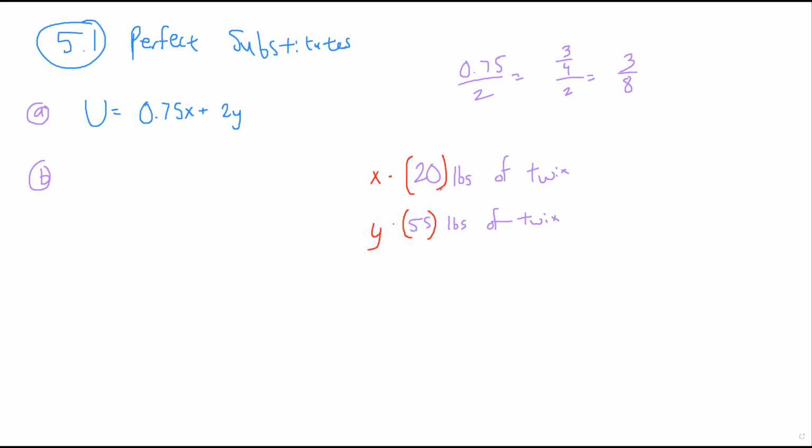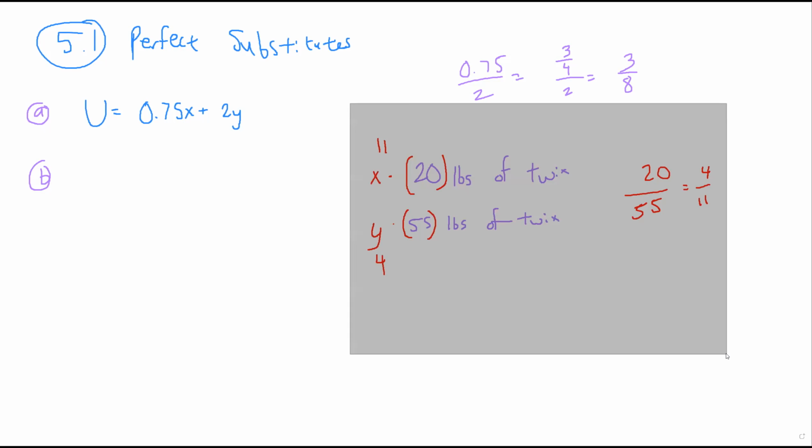It's probably some sort of greatest common factor. Like I could probably do 5. No, what am I missing here? 11. Well, I could do x equals 11. That would give me 220, and then I could do y equals 4. The ratio of these two things is 4/11, right? So I know I can buy 11 20-pound bags of Twix, or I can buy 4 55-pound bags of Twix and have the same amount, right? Yeah. Okay. That makes sense.